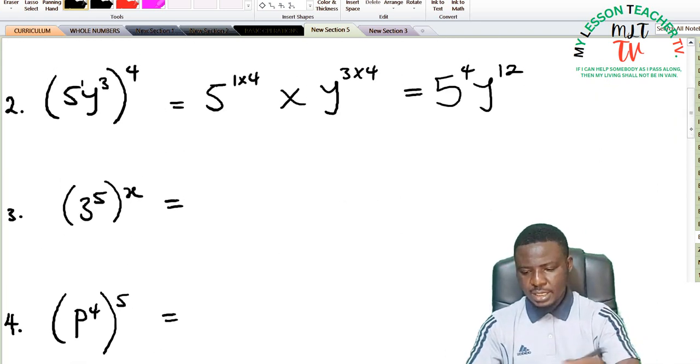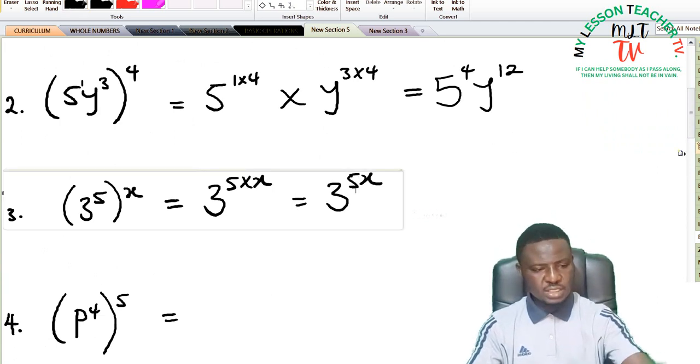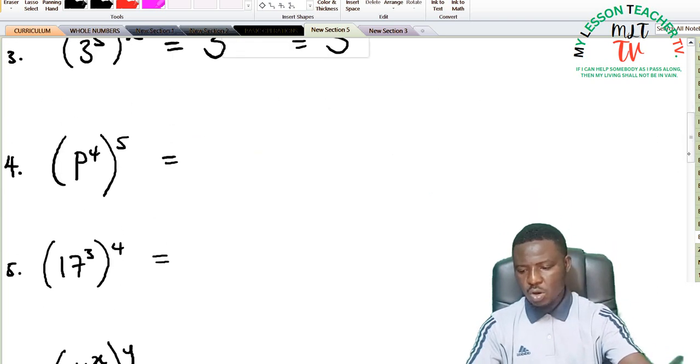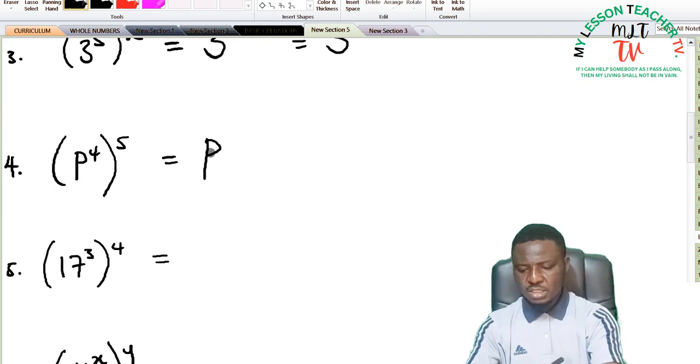Number 3, this is equal to 3 raised to the power of 5 times x, which is equal to 3 raised to the power of 5x. And for number 4, p raised to the power of 4 all to the power of 5. This is said to be p raised to the power of 4 times 5, which is equal to p to power 20.